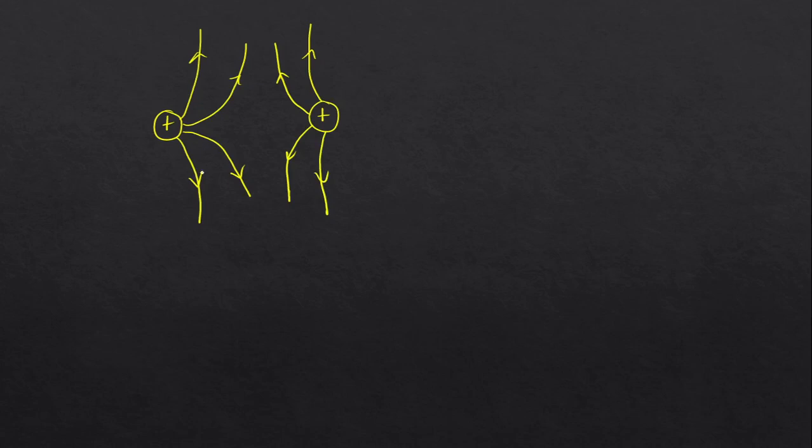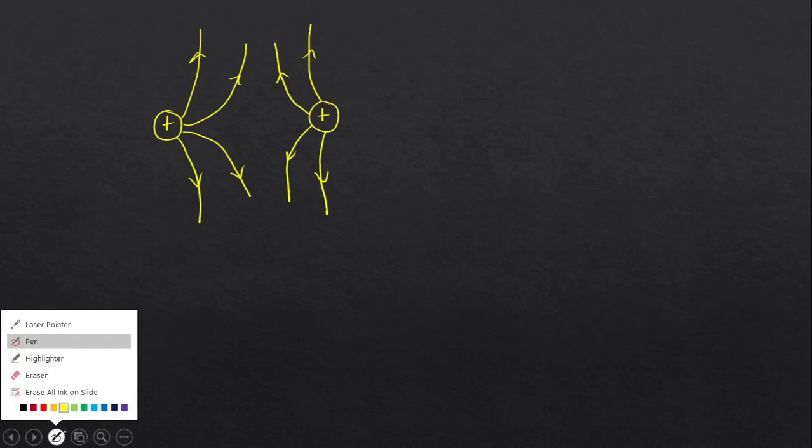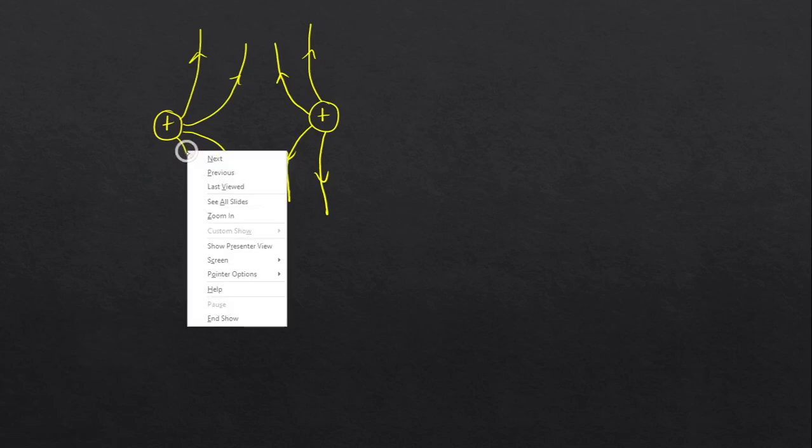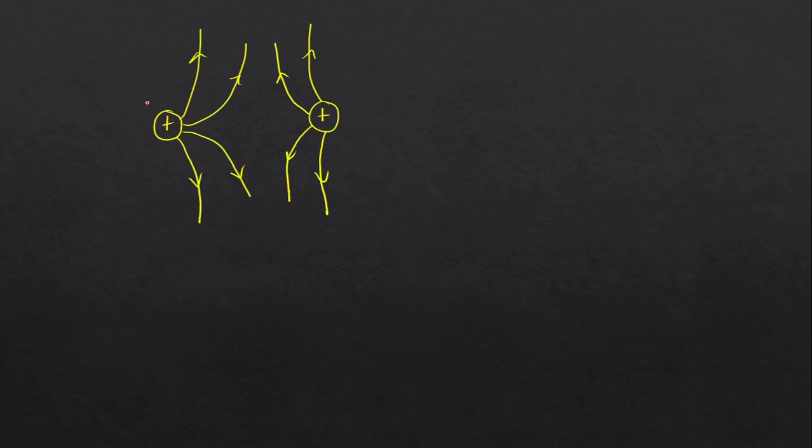This line of force is the path traced by a small positive charge if it is placed near this charge. Let's say this capital Q is my charge. If I keep a small charge, small q, because both are positive, it will take this trajectory and move away from the given charge.